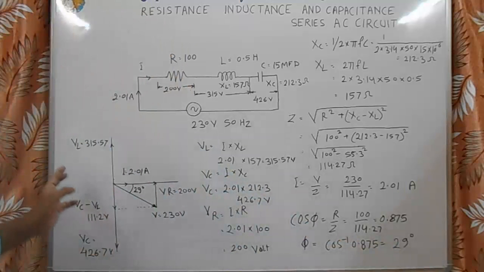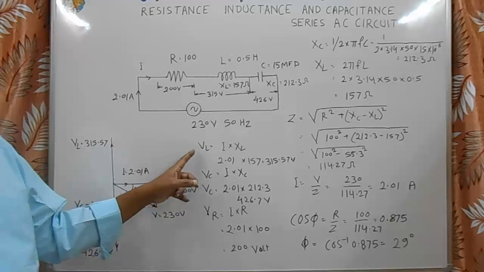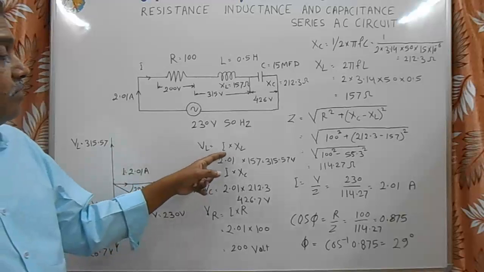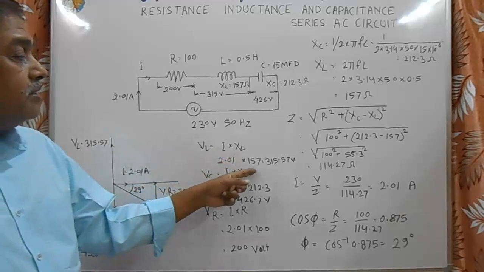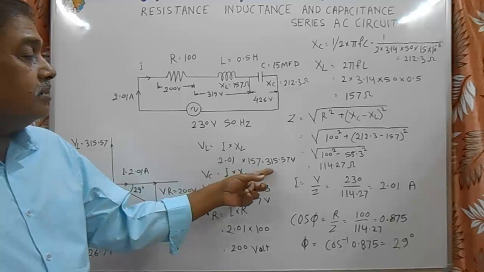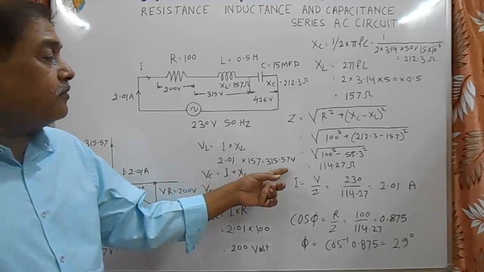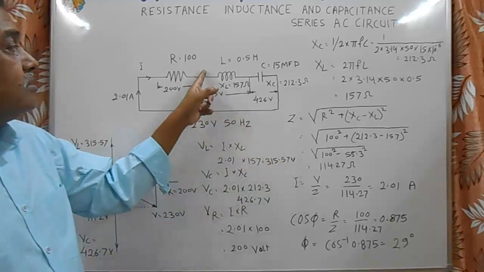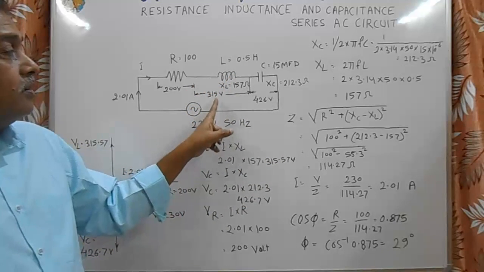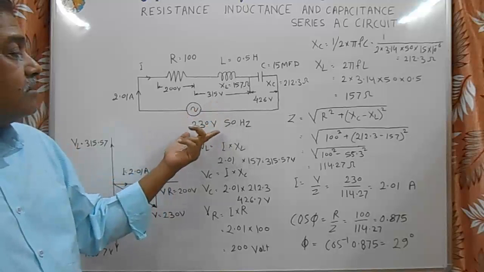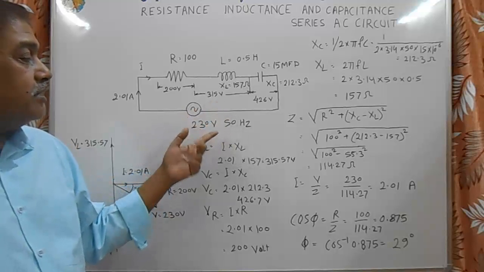Now come to the vector diagram. Here the voltage across inductance is equal to I into XL, which is 2 ampere current I multiplied by 157, equal to 315.57 volt. Means voltage across this inductance is 315.57 volt. It is always more than the applied voltage.